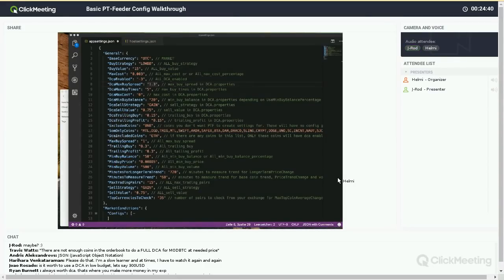So the integer there, I lied earlier when I said percent. That's not 5%, that's actually 5 times. That's an absolute value. The DCA max cost, that is a percentage, I believe, right? No. Is that no? That's always an absolute.